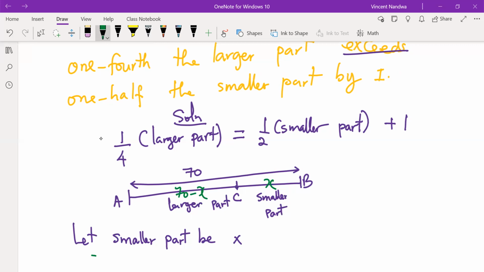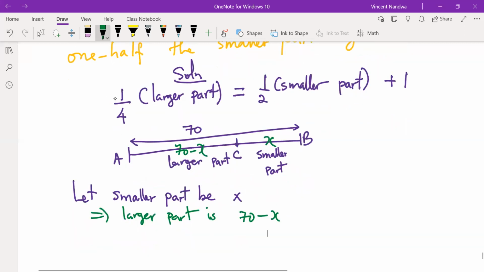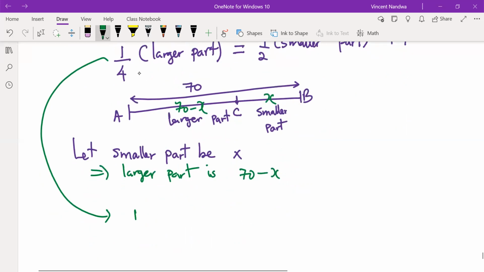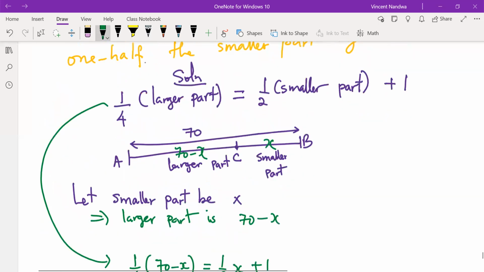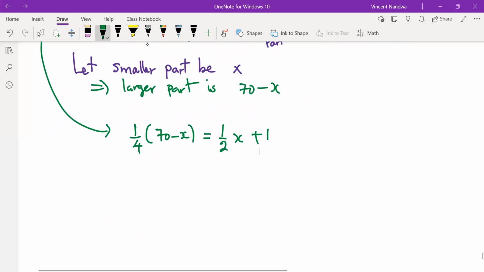So the larger part is 70 minus X. From the condition given in the question, we have a quarter times the larger part, which is 70 minus X, is the same as a half of the smaller part, which is X, plus 1. We can multiply through by 4 to remove the denominators.